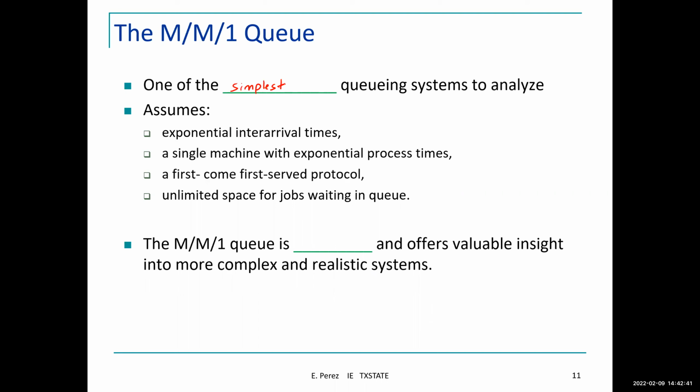The MM1 queue is good because in theory, it is tractable, meaning that we can solve it mathematically to find the optimal solution, and it offers valuable insight into more complex and realistic systems.